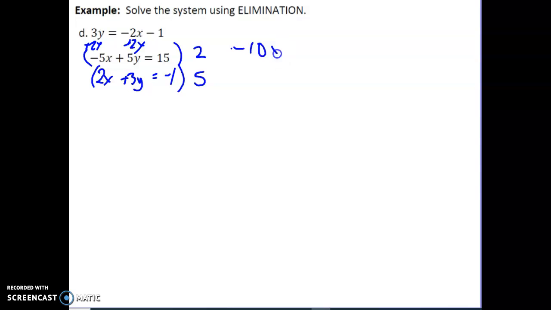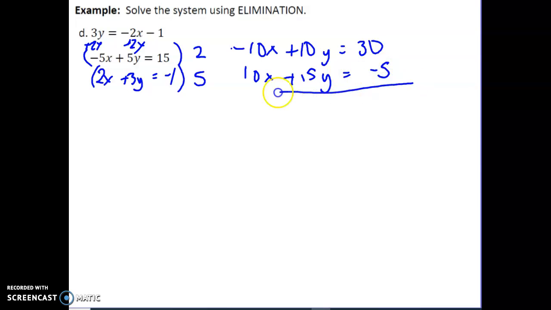So when I get that -10 in the top equation, and I get +10 in the bottom equation, they're opposites of one another. And so when I add straight down, those will cancel out. Remember, I want two numbers that are opposites of one another in order to cancel those out.